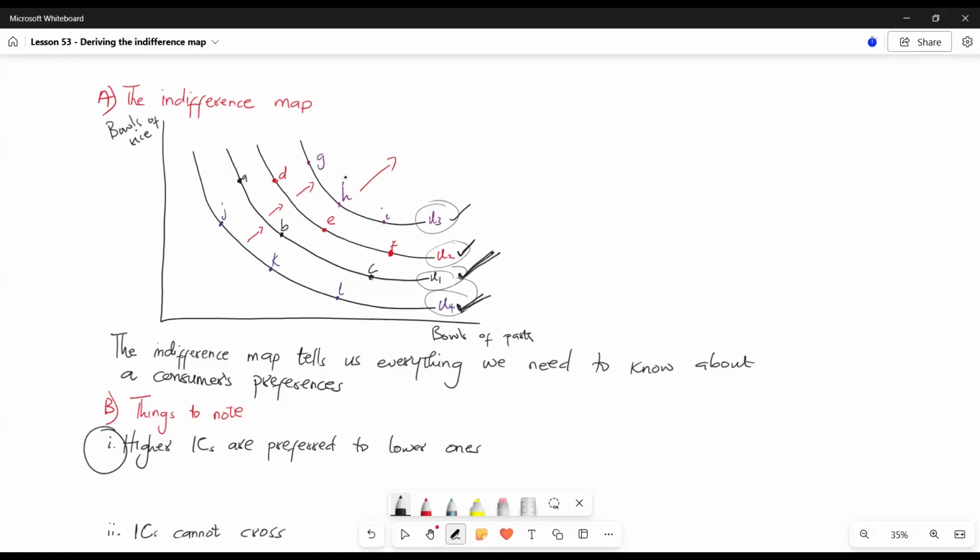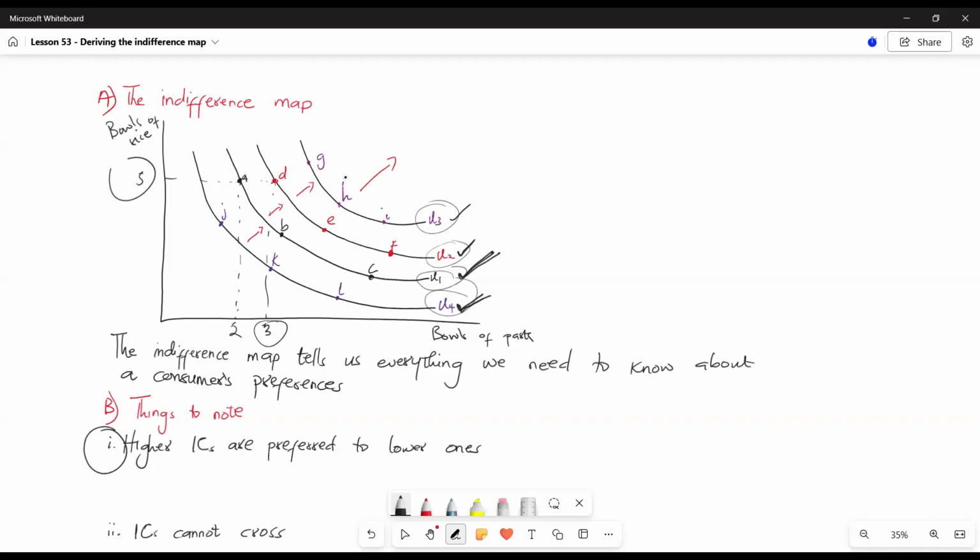Now let's compare two indifference curves to see this. If we look at U1 and we look at point A on this curve, point A has maybe 5 bowls of rice and 2 bowls of pasta. Now if we move on to point D, even though it still has 5 bowls of rice, it has more pasta.